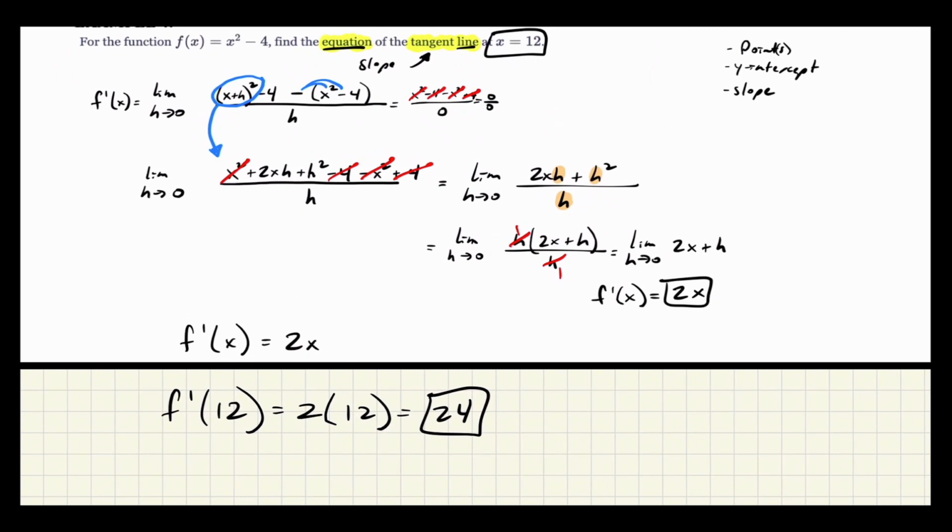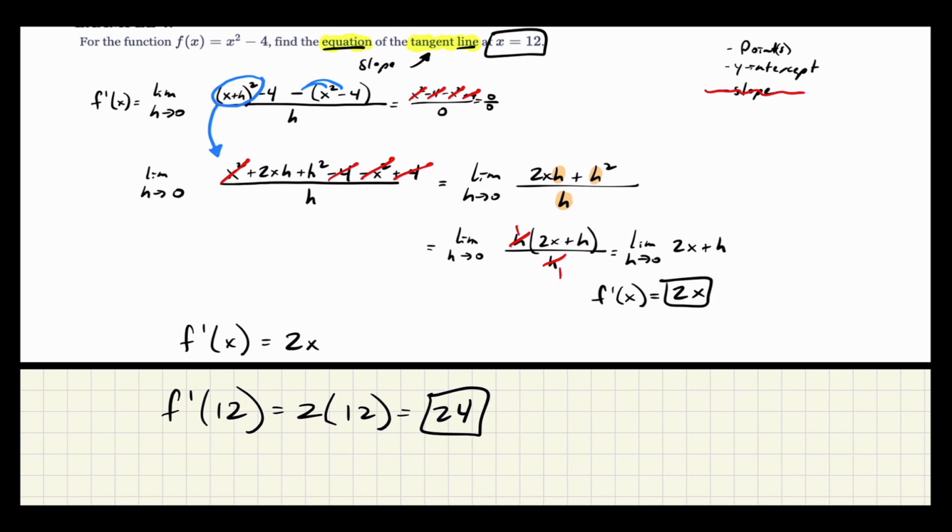So we said we need a point or points, we need a y-intercept, and we need a slope. So far I got the slope. So now I either need the y-intercept or I need a point. Which would probably be easier to find, the y-intercept or just 1 point? 1 point, yeah.